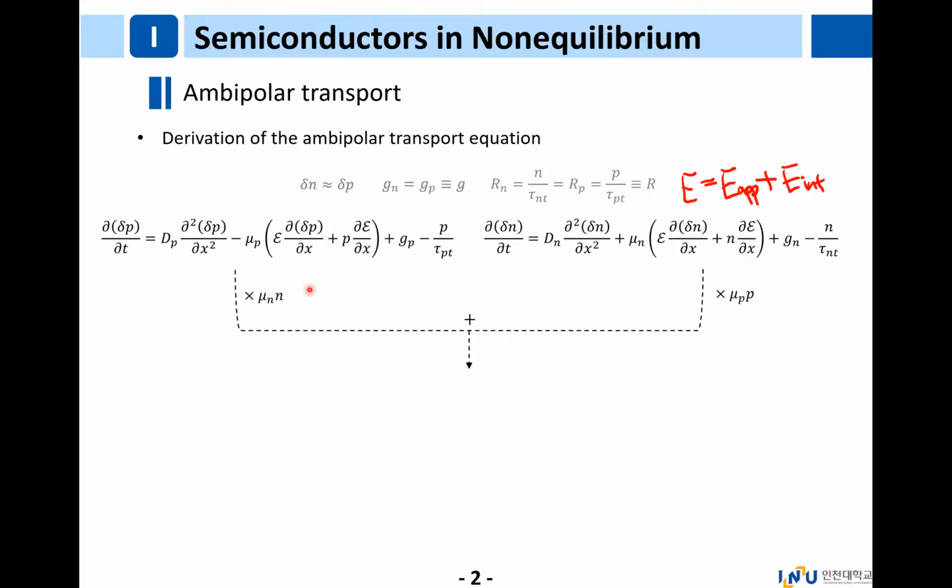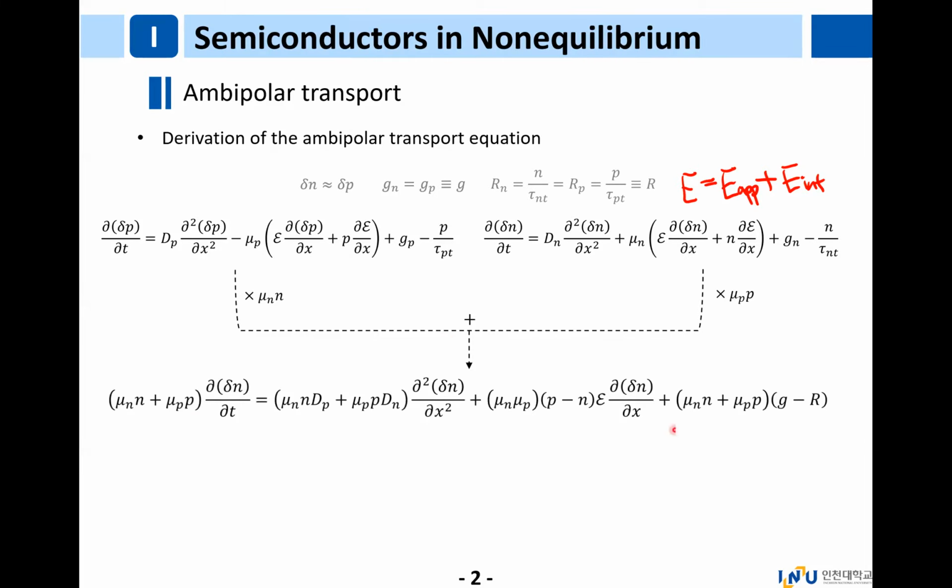If we multiply each term on both sides of each continuity equation, and then add the two equations together, we can obtain the following result.